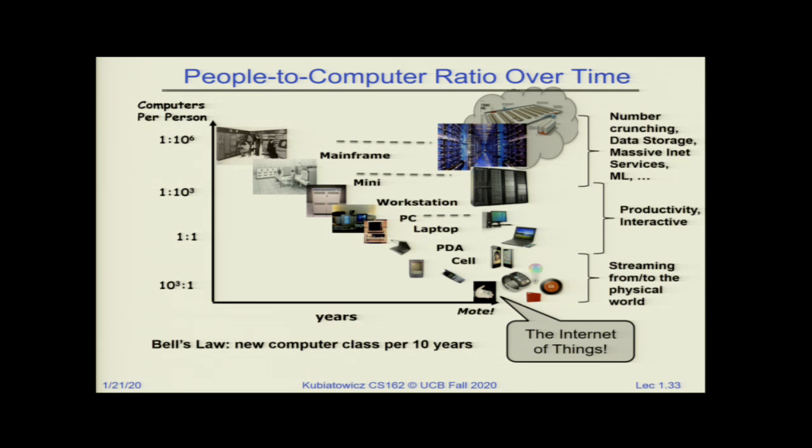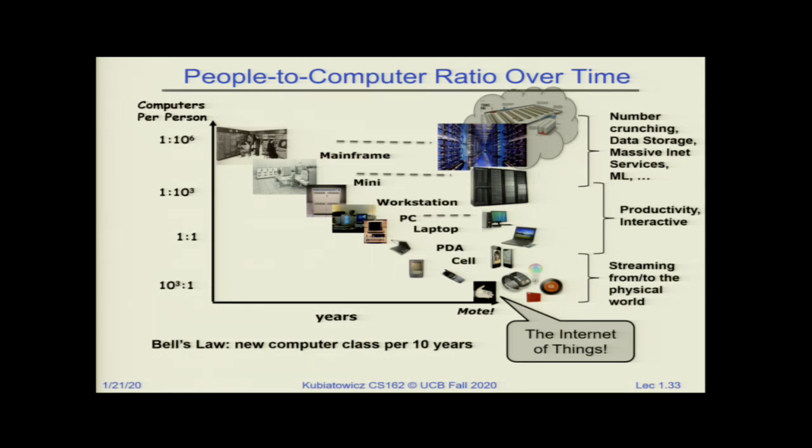It's coming up. This is driven by the fact that we can make small, fully functional things running operating systems at the low end of the scale that can be placed anywhere. Berkeley is well known at all levels of this, by the way. We've got everything from high-end computing and cloud computing work down to little motes and IoT devices. So you're in the right place for this kind of thing to be happening.